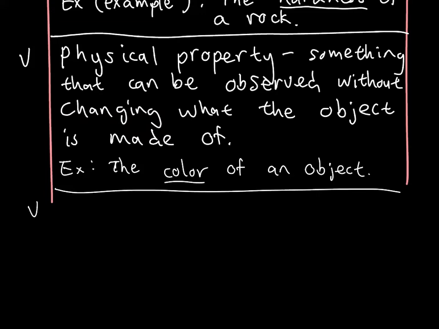The next word is going to be the opposite of physical property, which is chemical property. So chemical kind of refers to things like atoms and elements, like what is something made out of. The physical property is something that can be observed.